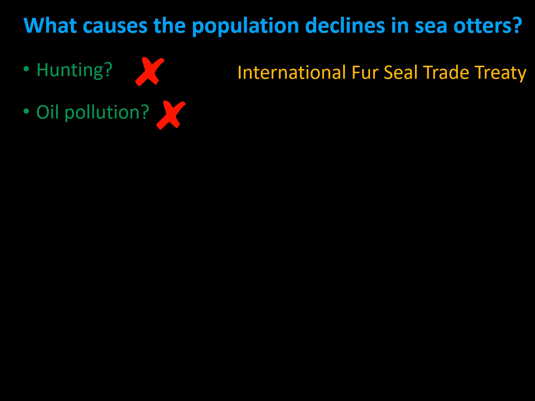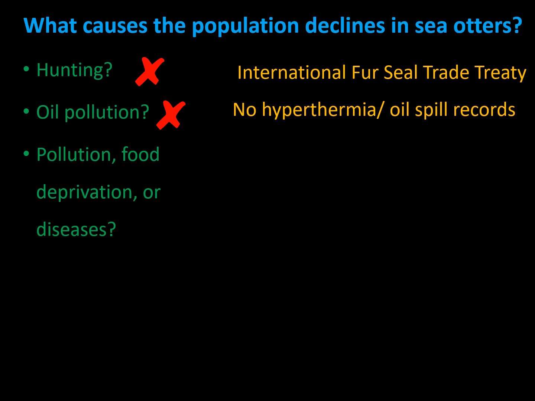Now we are looking at kelp ecosystems, and you know how cold kelp water can get. It can go as cold as 6 degrees Celsius during winter. Because of the absence of records of sea otters suffering from hypothermia with oil contamination, or due to the absence of oil spills around the Aleutian Islands, we can rule out that possibility.